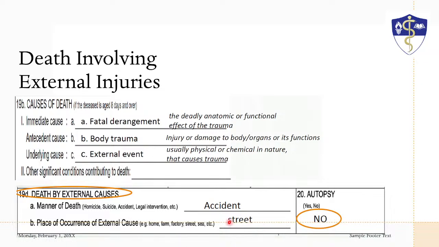There could be something inherent in that avenue, street, or place. Is it in the home or in a factory setting? If it is statistically significant, you look into it.